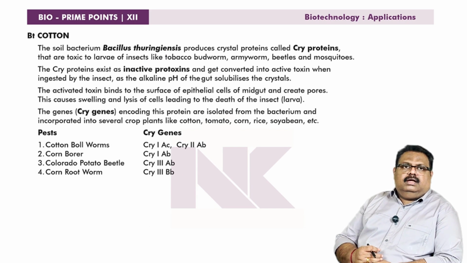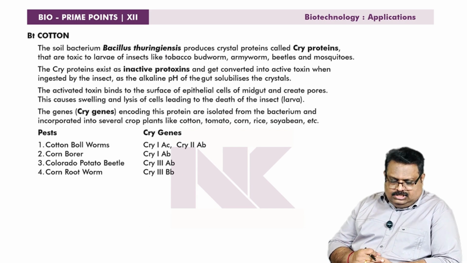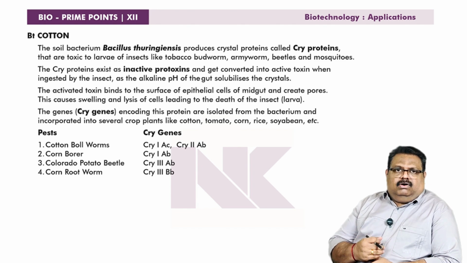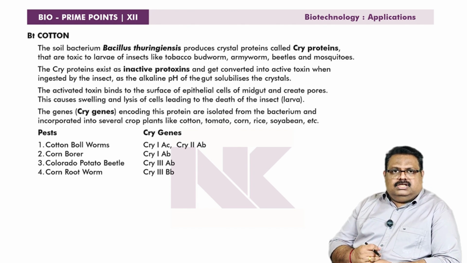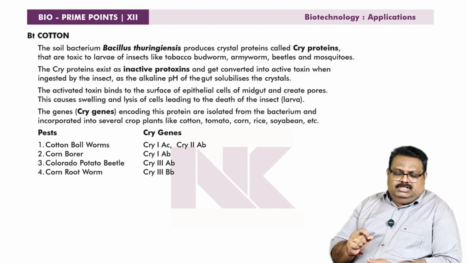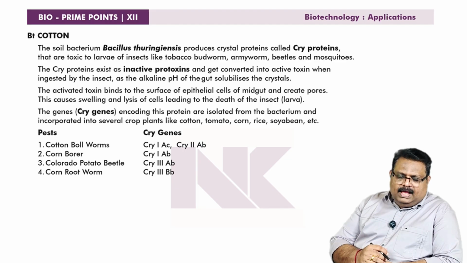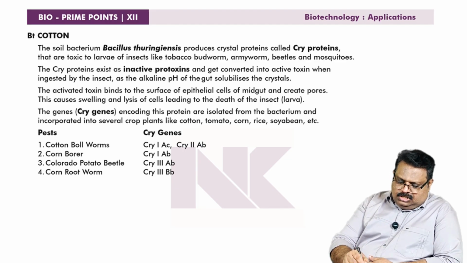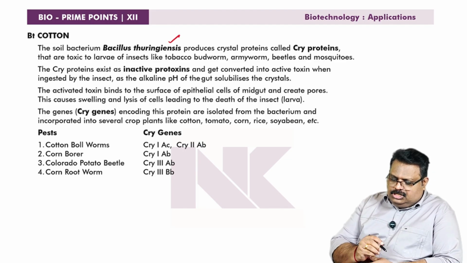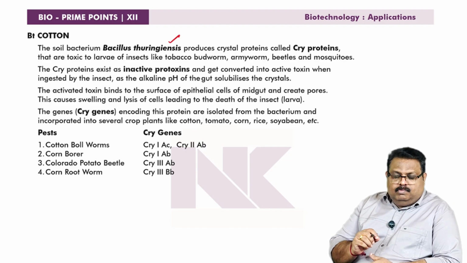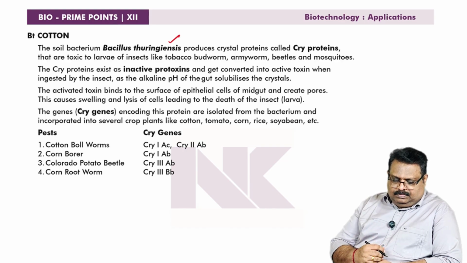A very important application in the field of agriculture is the production of Bt cotton. Bt cotton means a cotton plant having genes taken from a bacterium called Bacillus thuringiensis. The soil bacterium Bacillus thuringiensis produces crystal proteins called cry proteins that are toxic to larvae of insects like tobacco budworms, armyworms, beetles, and mosquitoes.